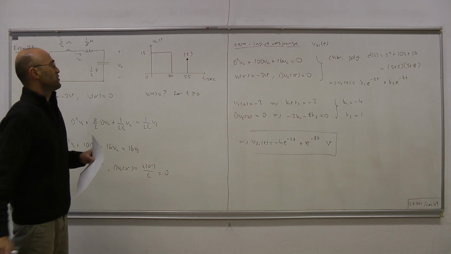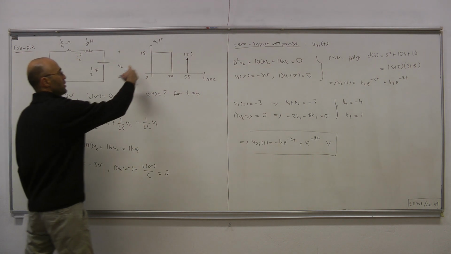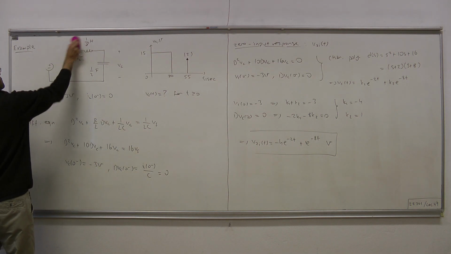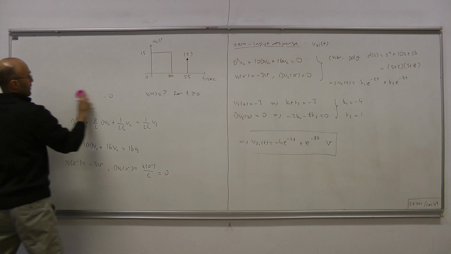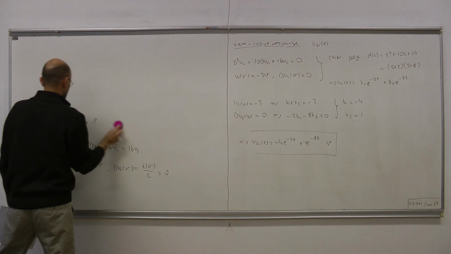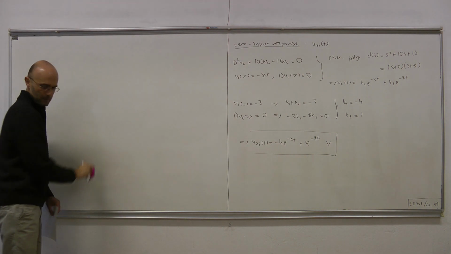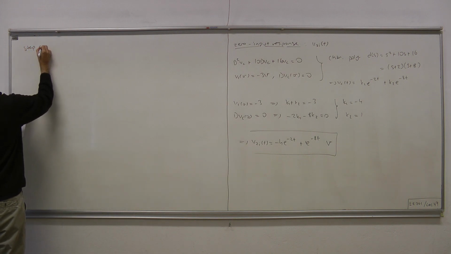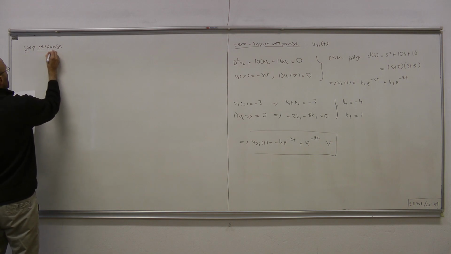So to figure out the zero state response, we figure out first the step response, because we know that this waveform can be expressed using the step function. Okay, step response of the circuit.